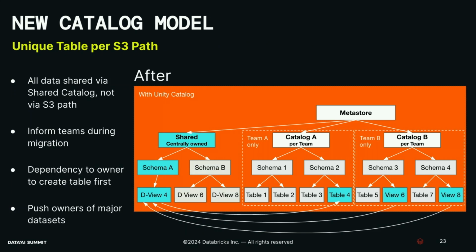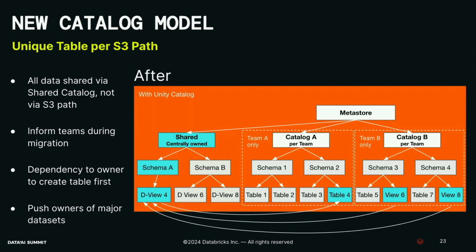So what we do is introduce views. Because data sharing is centrally handled via the shared catalog anyway, there is this owner. The owner owns the external table that points to the S3 location. But all the consumers, if they want to keep the code compatible, can create views in their catalog pointing to our dynamic view, and then they don't need to change the code, and it works.